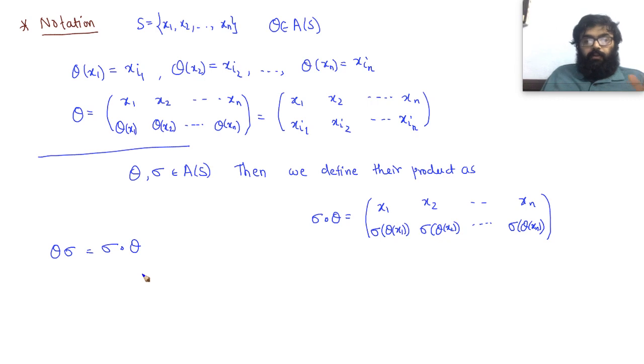If we want to write in terms of permutation, then we write like this, and we get the same permutation. If you want to write in terms of composition, then we write like this. So this is theta sigma.